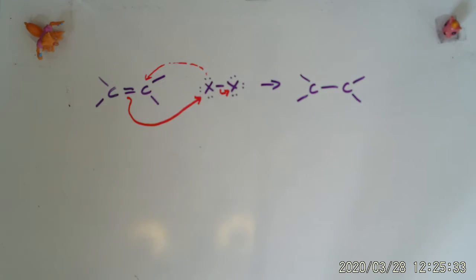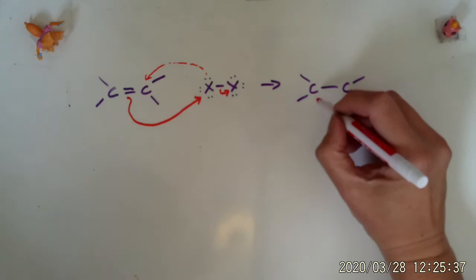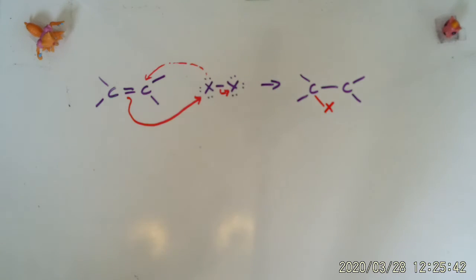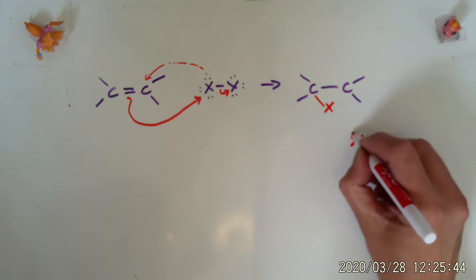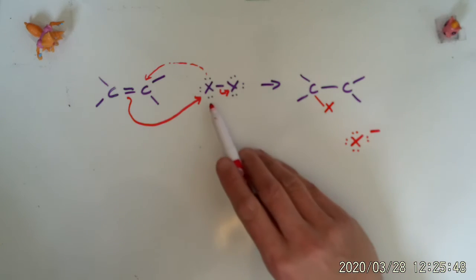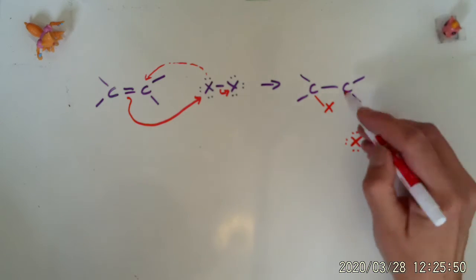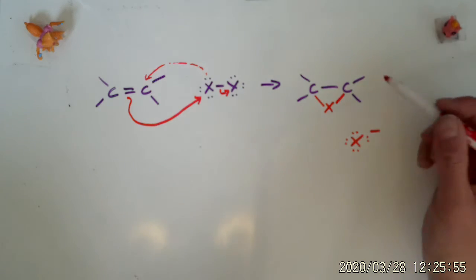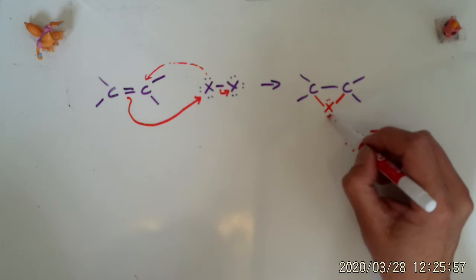Okay? So, what you get is that as this attacks my halogen and I lose my halide to it, the lone pair, because this is a positive charge, comes back and basically attaches to the positive carbon.